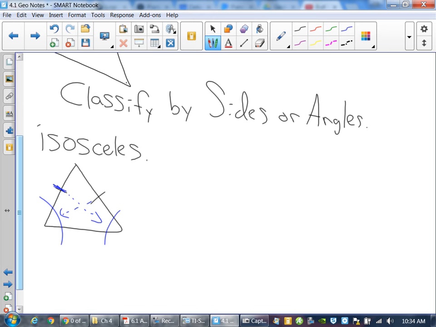The 2 angles that are not between the sides that are the same are always going to be congruent. Those are called base angles. They don't necessarily have to be on the bottom. They can be on the sides. It can be up on top. It just depends on how it's drawn. So an isosceles triangle has 1 set of congruent sides and 1 set of congruent angles.